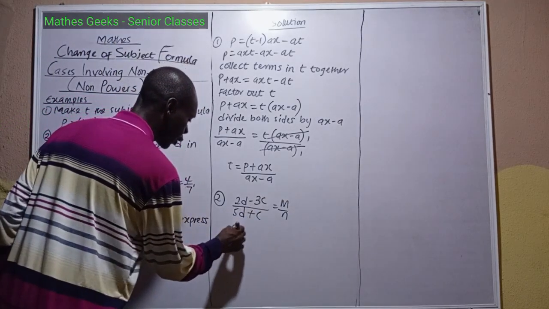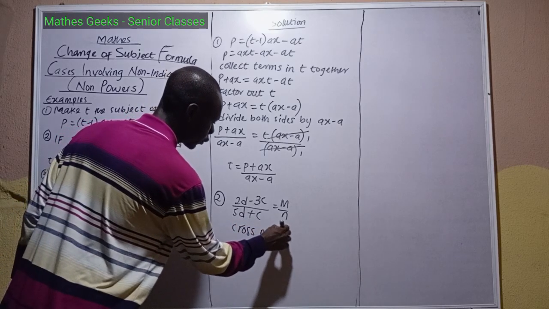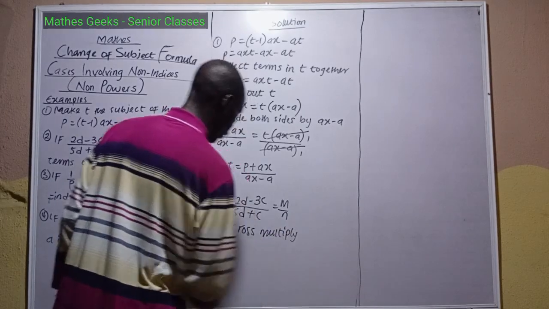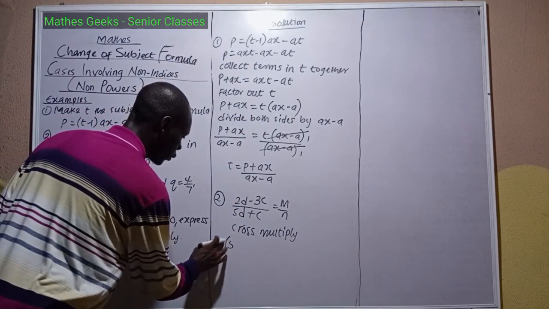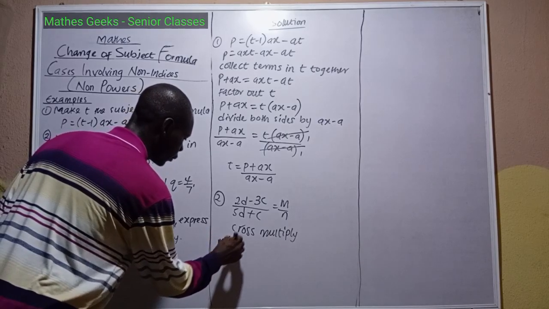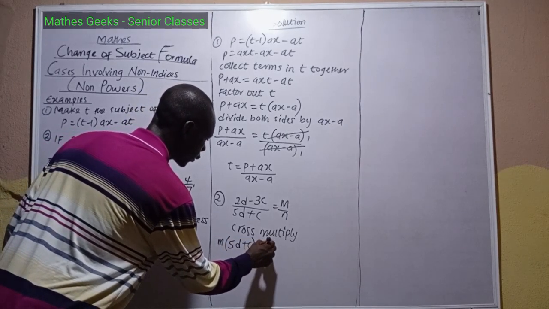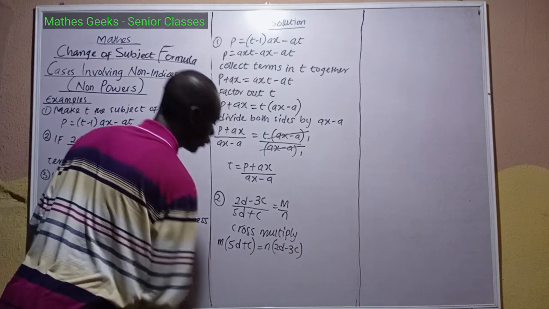Next thing is to cross multiply. We cross multiply, N times (5D plus C) equals M times (2D minus 2C).